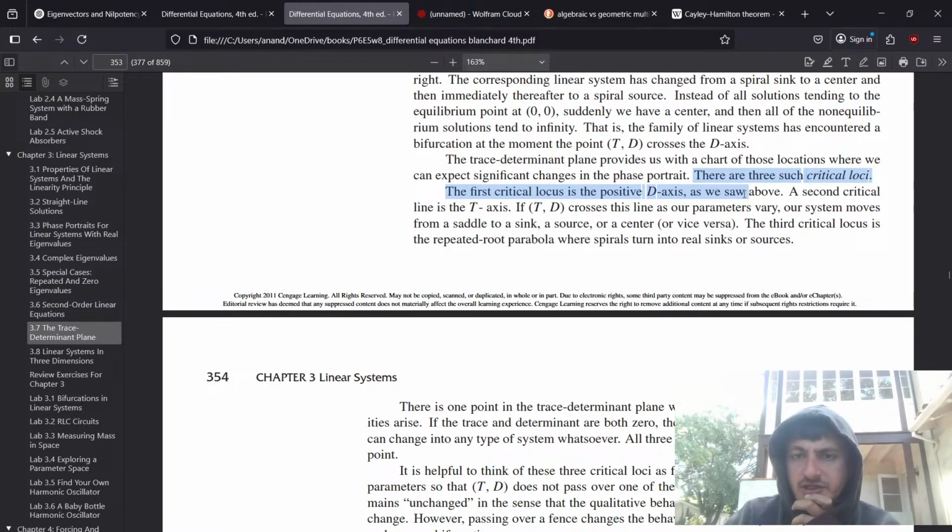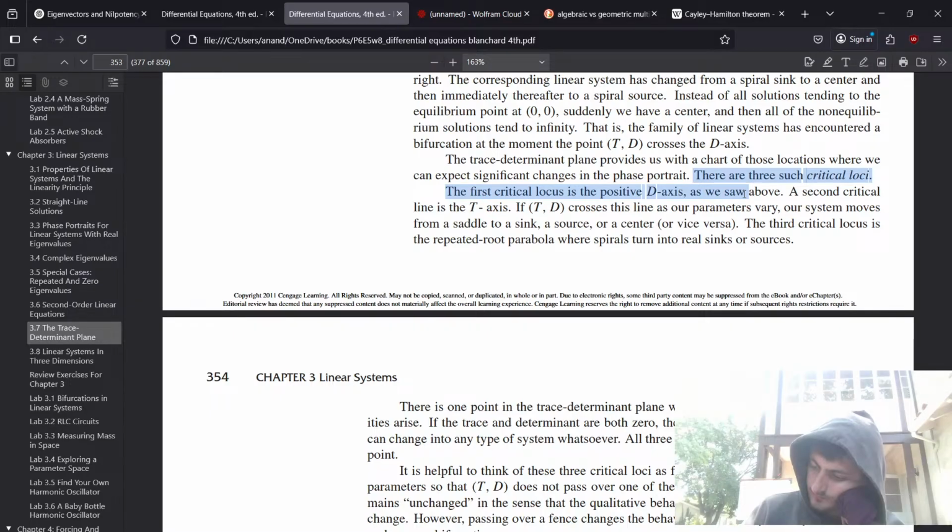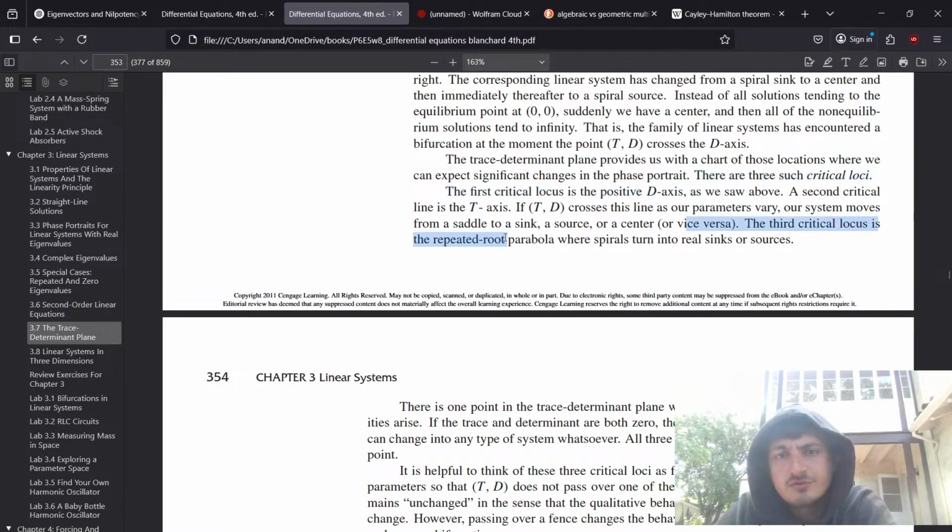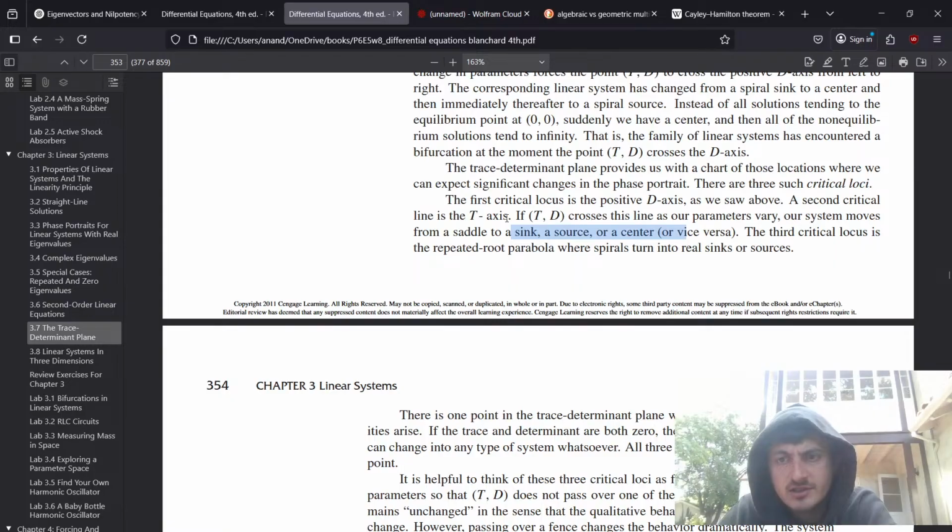There are 3 such critical loci. I'm going to write that down. The first one is, if TD crosses this line as our parameters vary, our system moves from a saddle to a sink, a source, or a center.